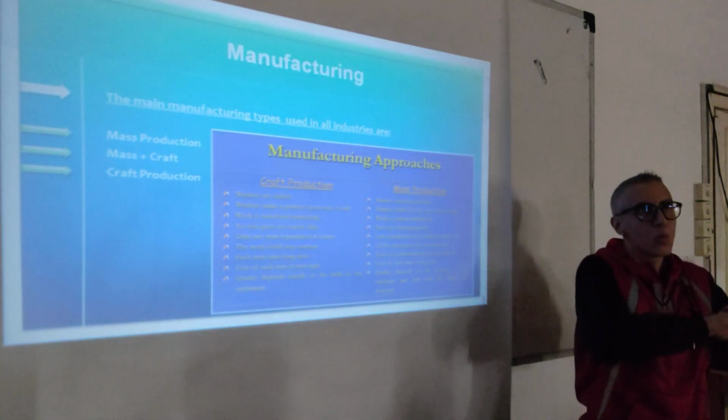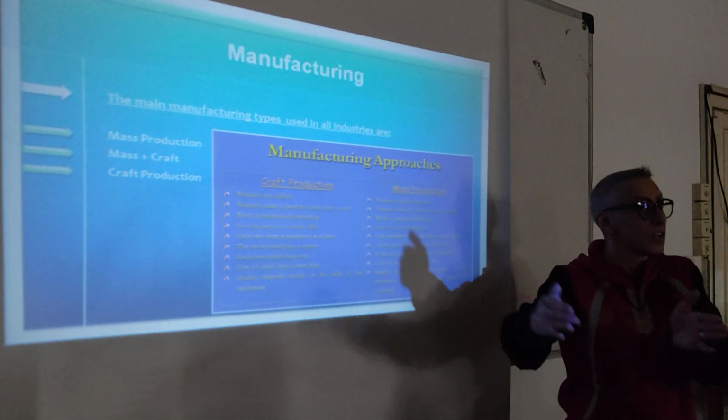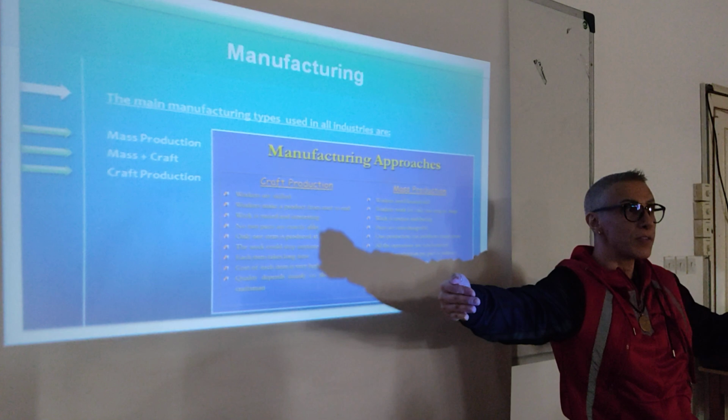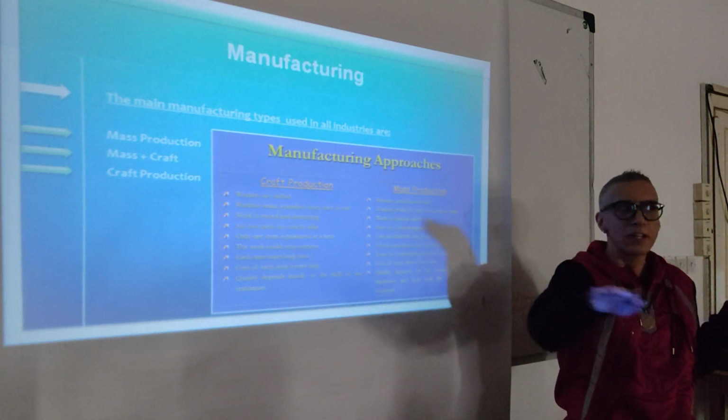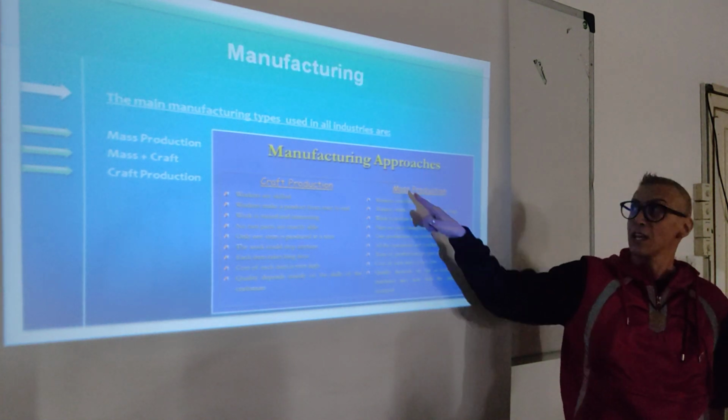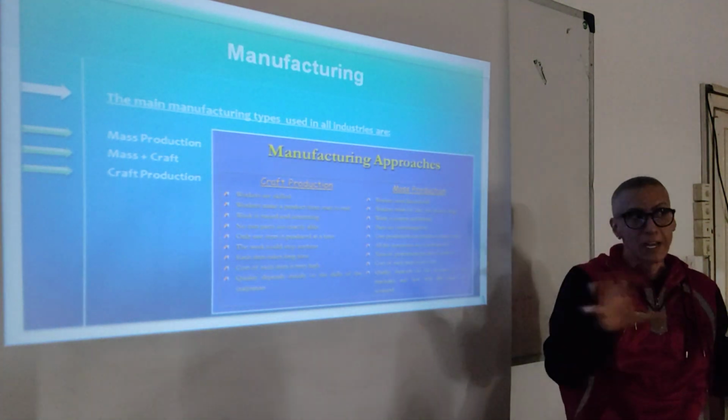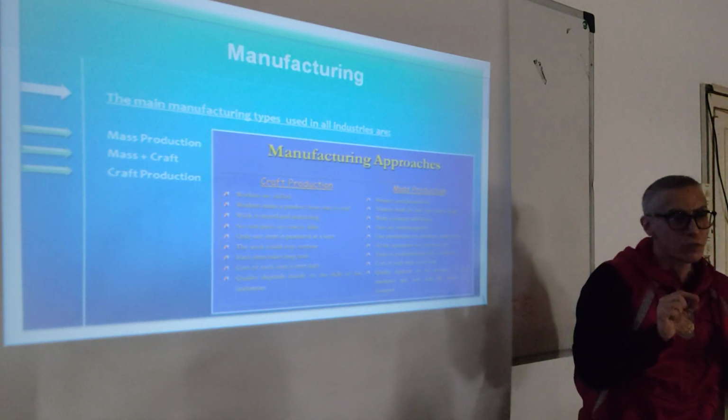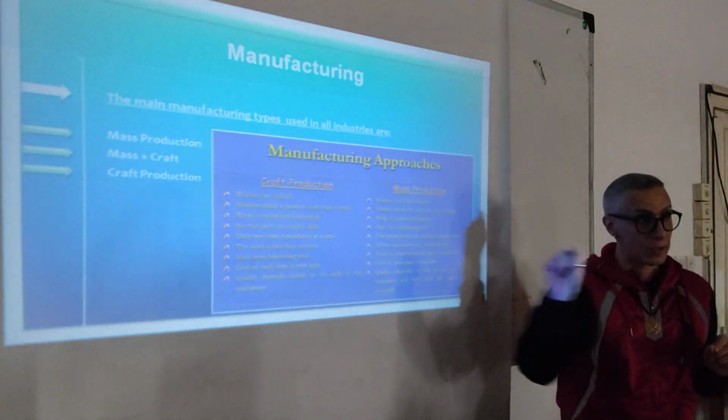Handwork can never be 100% the same. If you produce 10 or 100 pieces, they can never be all perfect like those produced by machines in mass production. So this must be kept in mind, the quality.